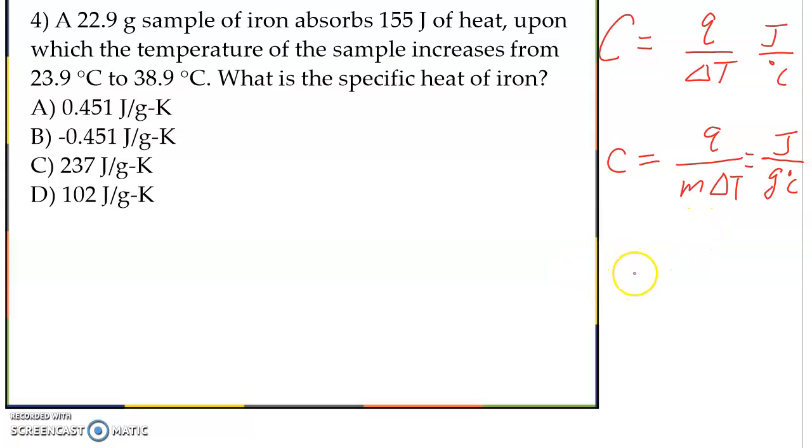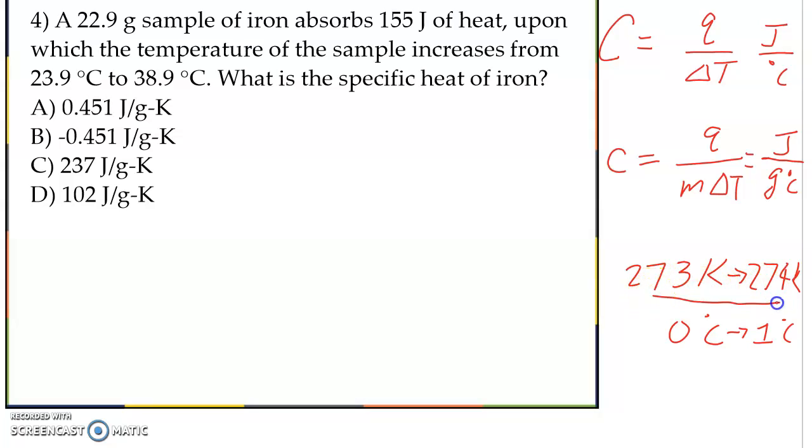Let's say something is 273 Kelvin, and we go up to 274 Kelvin, that is the same as going from 0 degrees Celsius to 1 degree Celsius. So the difference over here will be 1 degree Kelvin, and over here 1 degree Celsius. They are the same.